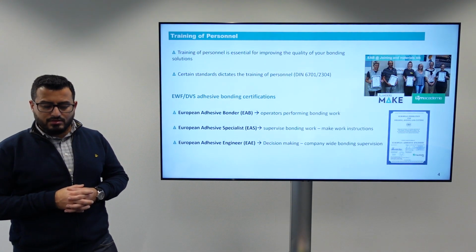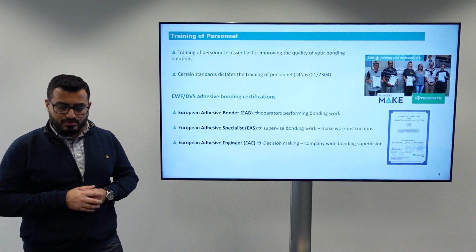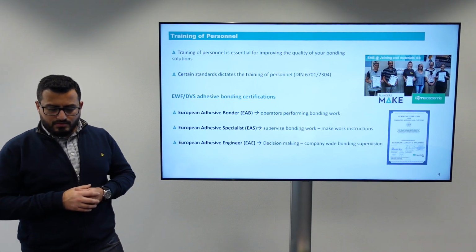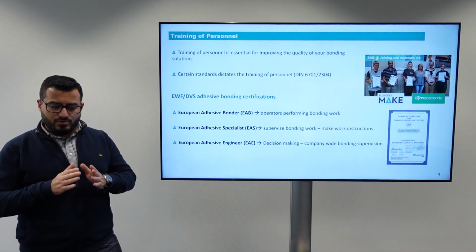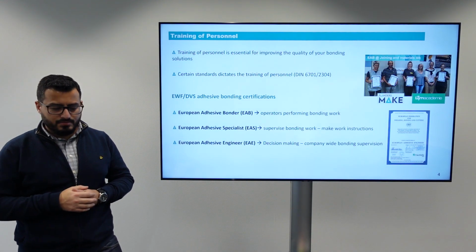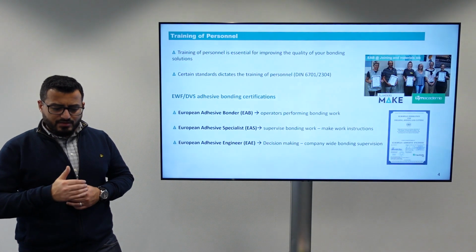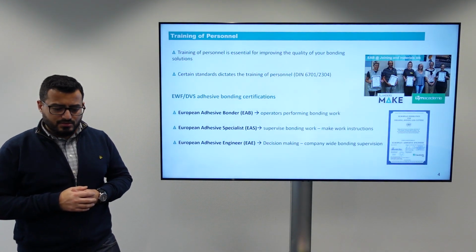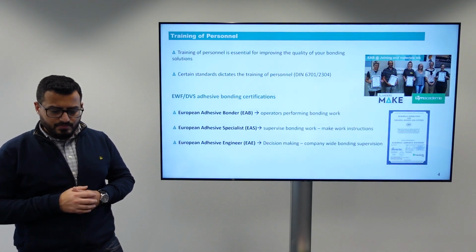First level is European Adhesive Bonder, or in short EAB. And this is specific training for operators who are actually performing the bonding work manually. The next level is the European Adhesive Specialist, or EAS.